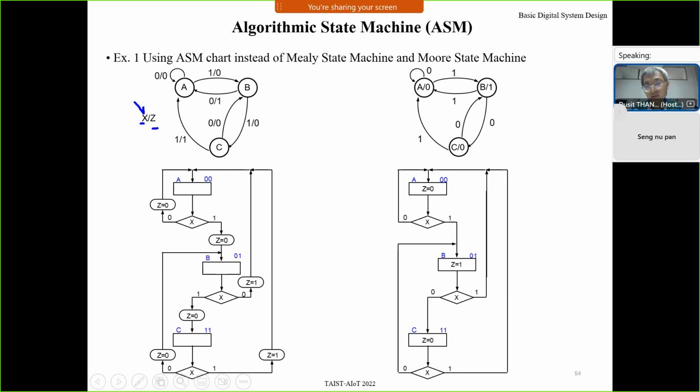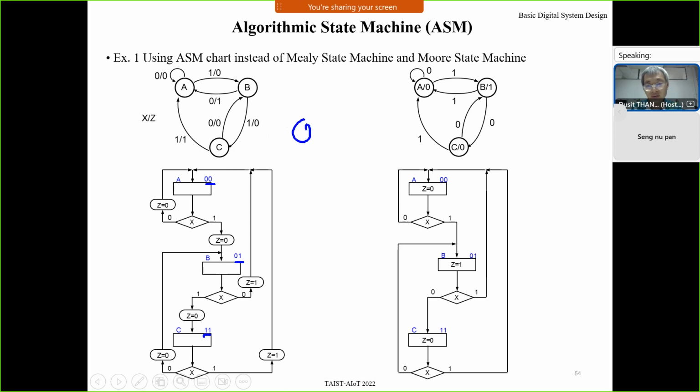X is input, Z is output. This is state A, this is state B, this is state C. Because there are 3 states, I use only 2 bits to represent states A, B, and C.